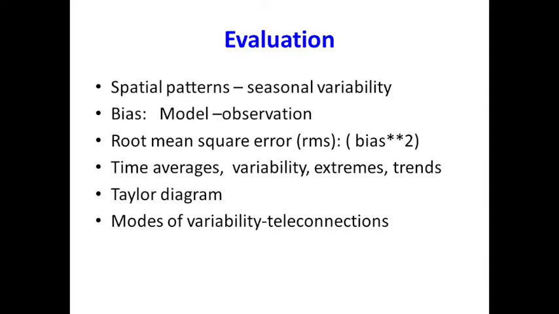We'll look at one in a minute. And in this graph, we can include the standard deviation, the root mean square, and the correlation between two sets of data. And also, we can look at the modes of variability and teleconnections and see if the models can represent this. Okay.